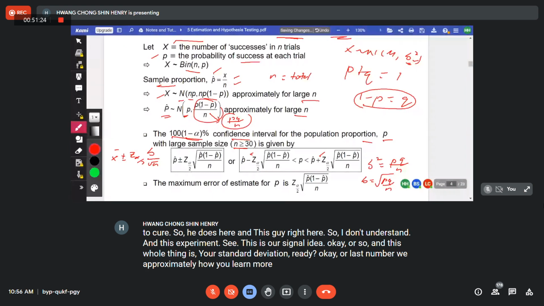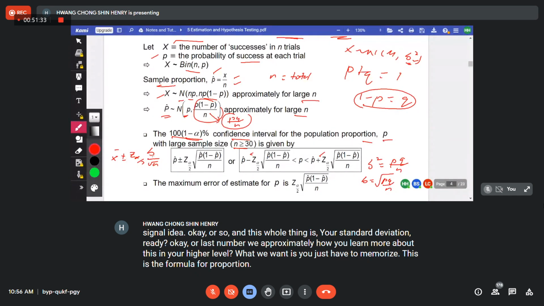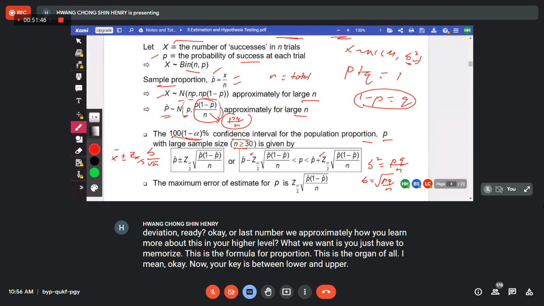Now you learn more about this in your higher level. What we want is for you to memorize this is the formula for proportion, and this is the formula for mean. Two formulas only. So can I go on? Okay, now your P is between lower and upper, right?